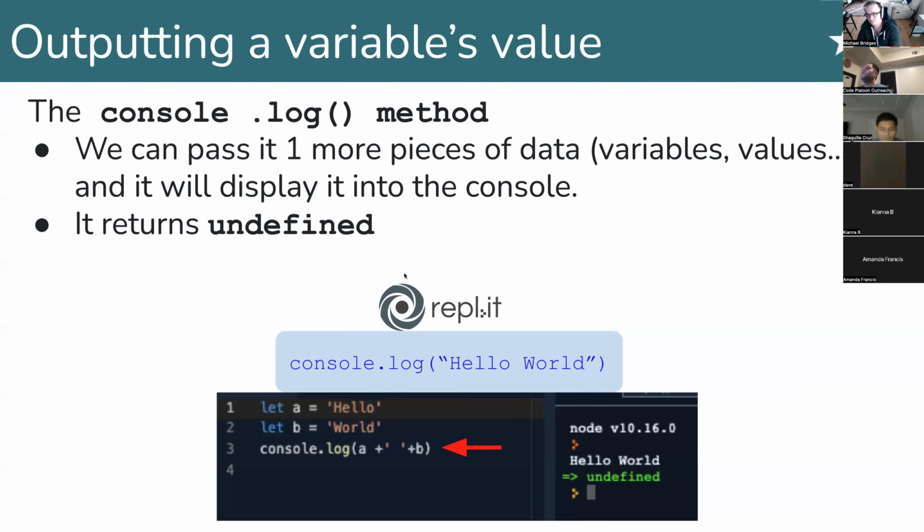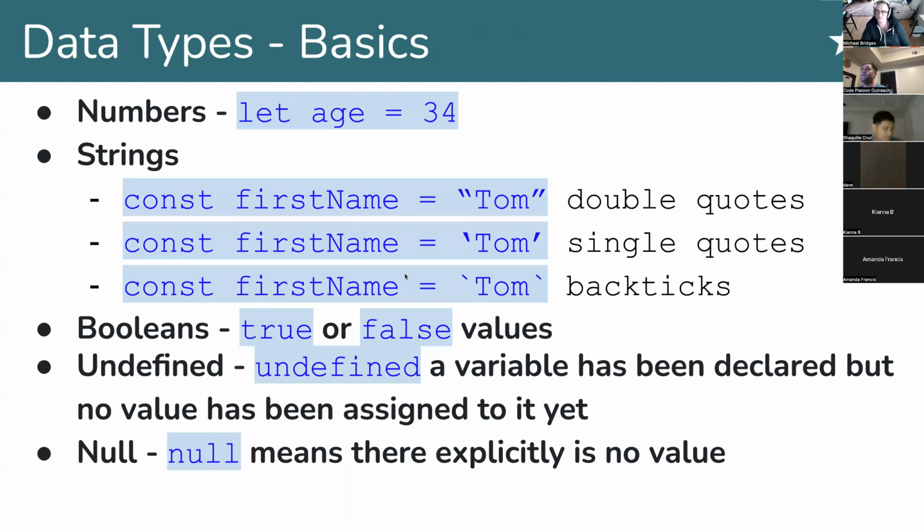All right, so data types basics. Numbers: let age equal 34, and we did that already. Strings, like first name, there's different ways.